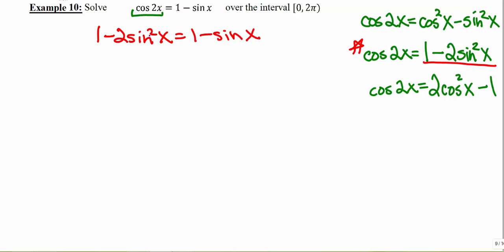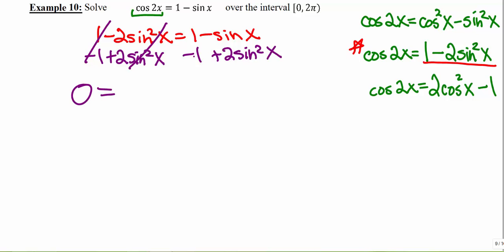So let's bring everything over to the right-hand side. It doesn't matter really which way you go, but I'm going to try to get my 0 on the left-hand side. So I'm going to subtract 1 from both sides, and I'm going to add 2 sine squared x to both sides as well. So I get 0 is equal to, on the right-hand side, as I bring all the terms to the right-hand side, I notice that 1 minus 1 cancels out, and I'm left with two terms that are not like terms, because one is squared and one is not.